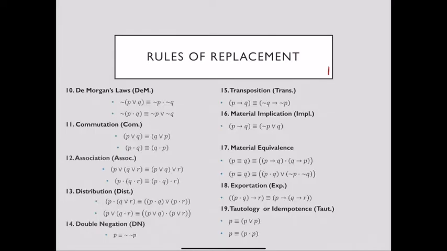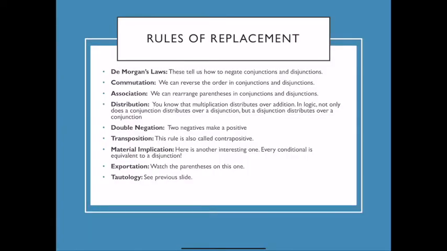So the first step was De Morgan's laws, which we've proved, right? We proved De Morgan's laws. Next, we've got commutation, which tells us we can reverse the order of conjunctions and disjunctions. P and Q, or P or Q is the same as Q or P, okay?